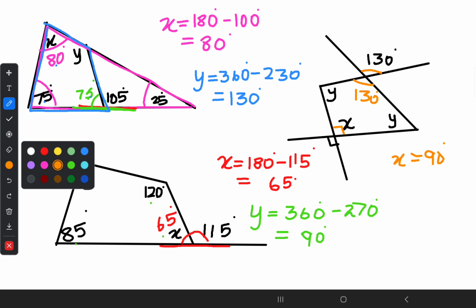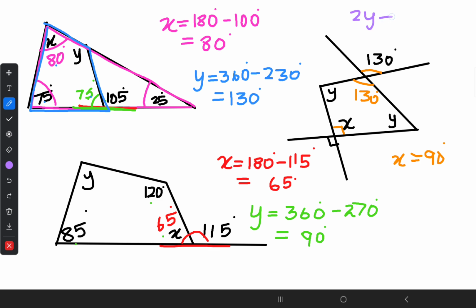Now I will write the relationship. 2y, that is y plus y, plus 130, plus this one which we found as 90. 130 plus 90 is 220, and that should equal 360.